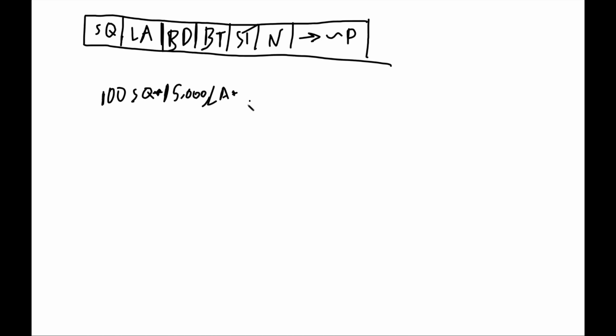Plus maybe the amount of bedrooms, each bedroom independently might add, let's say, $5,000 to the house. And we could do something similar for the rest of the factors. And maybe if we do something like this, we could approximate the price of the house.